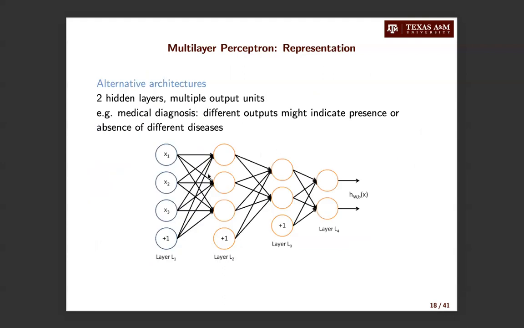Now, beyond having a single hidden layer, we can also have multiple hidden layers. So in this case, we see a multi-layer perceptron with two hidden layers, basically this layer here and this layer here. And this also, of course, has an input layer and the output layer. We can also see that instead of having a single output, we can have multiple outputs.